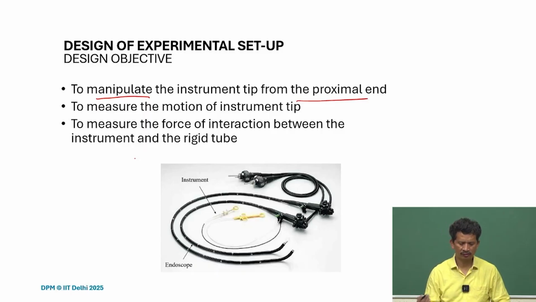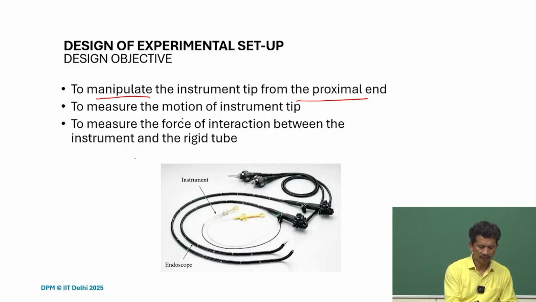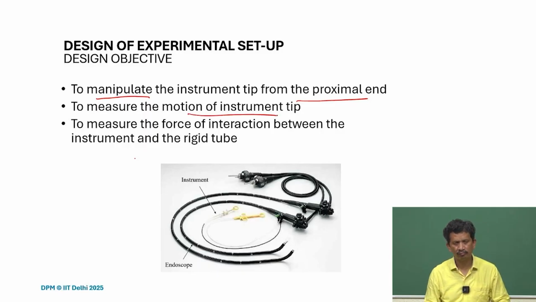So the rotation or translation we can provide to the instrument. At the same time, we also want to measure the tip motion. So what is the relationship between the input and output motion?